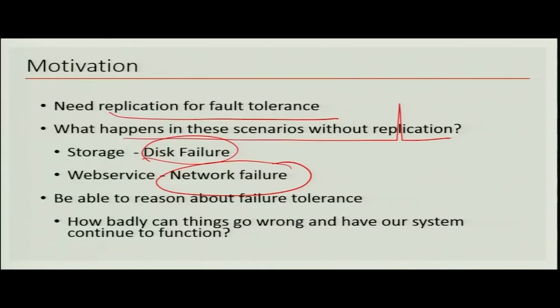And we will see what can go wrong and when we cannot guarantee that it will be totally transparent to the client whether something has failed or not, how many failed, etc. Can we guarantee that?